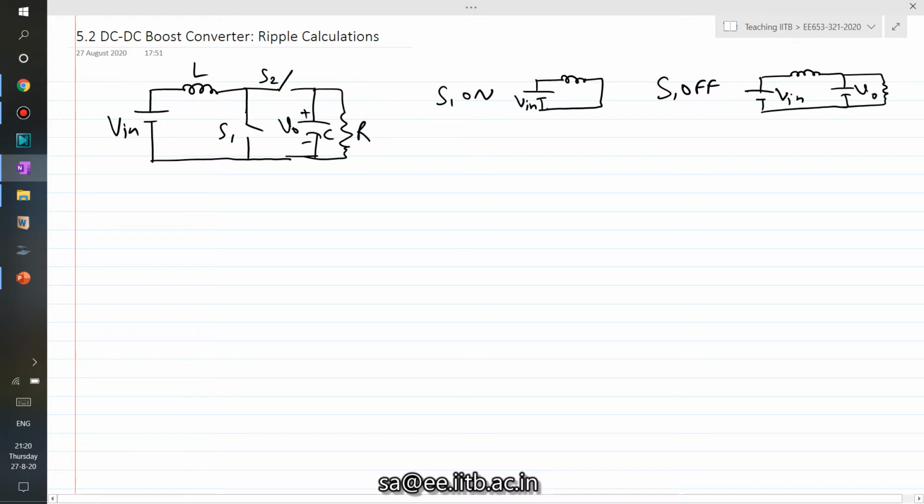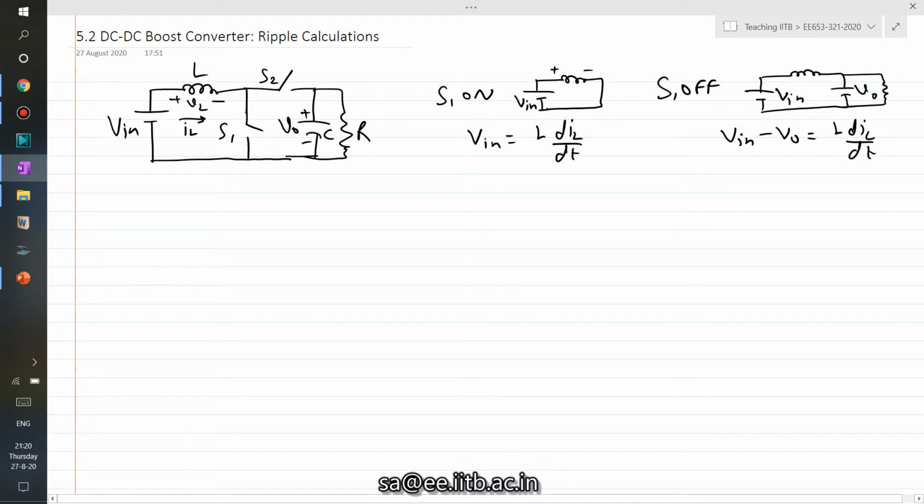So we can see that when switch S1 is on, if I take the polarity of EL as this, and this is the inductor current direction, V in is equal to L dIL by dt, right? This is the reference polarity. In this case, it will be V in minus VO is equal to L dIL by dt.